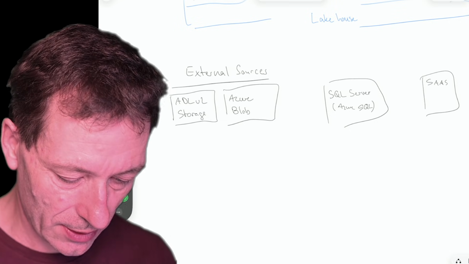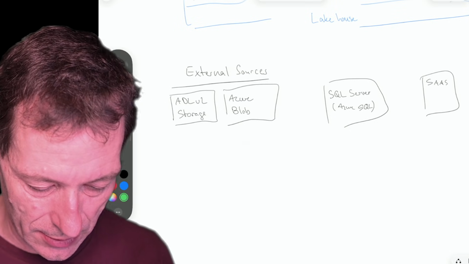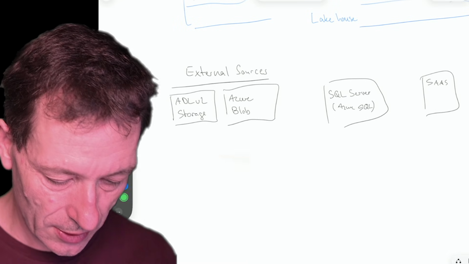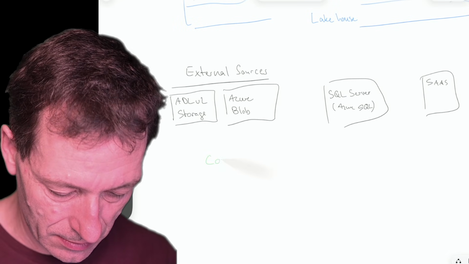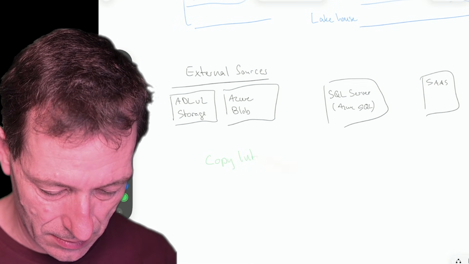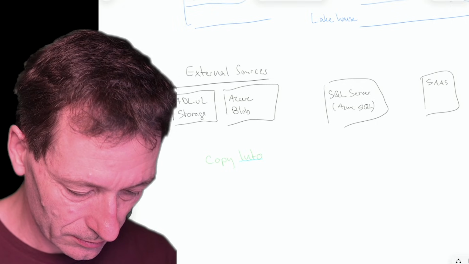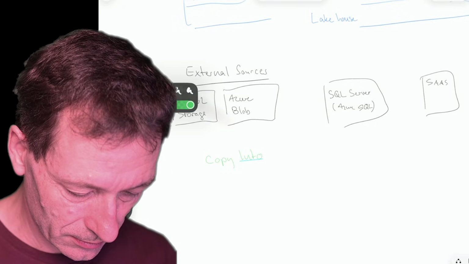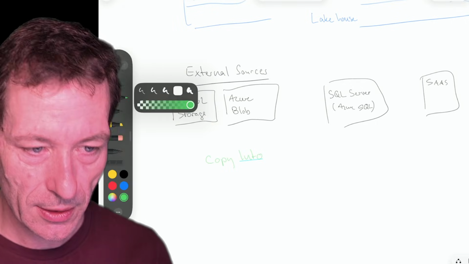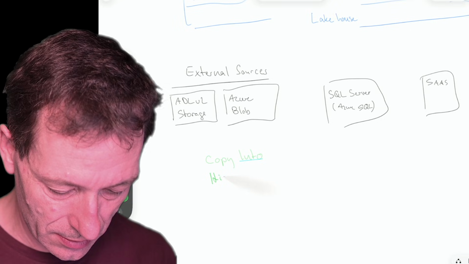For these different types of data sources, you have different ways of ingestion. For the storage accounts, you typically use COPY INTO. COPY INTO has high throughput.